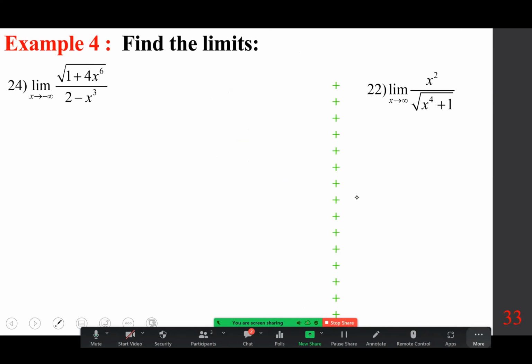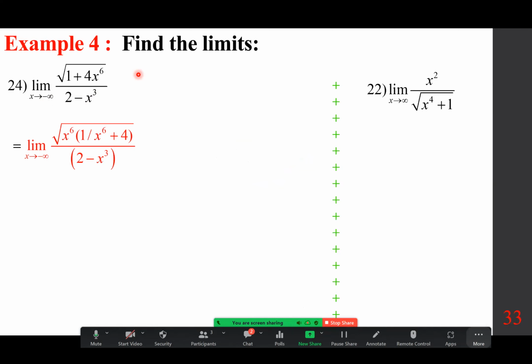We want to find the following limits when x approaches -infinity. And it's important to pay attention to infinity versus -infinity. We can factor out, this is one way to do that, x to the power of 6, because we notice the degree of the denominator is 3. And before we divide by that, we can factor out x to the power of 6.